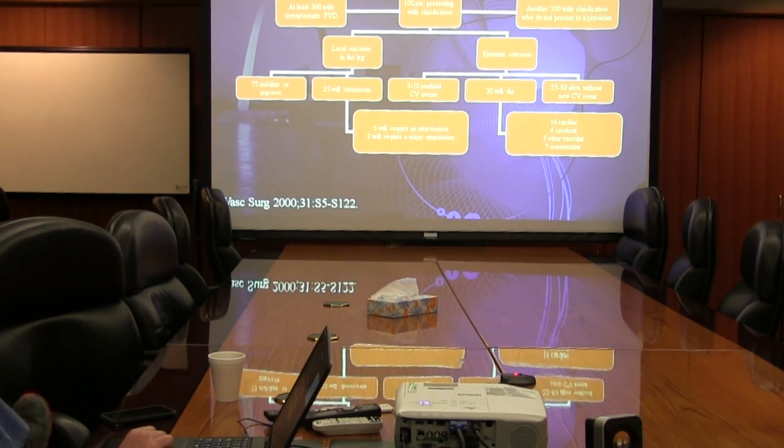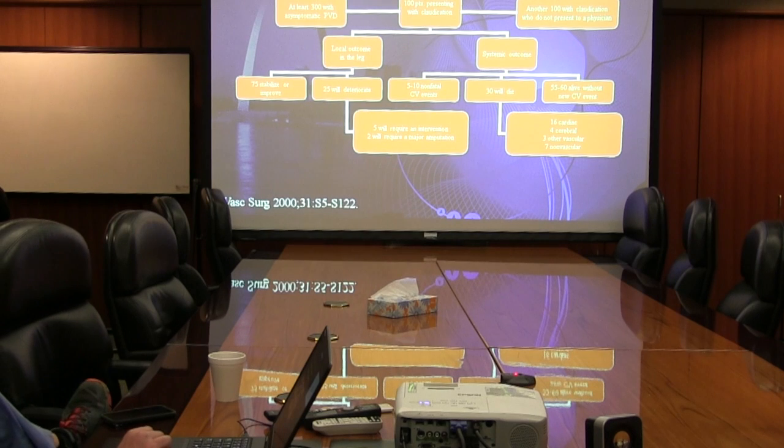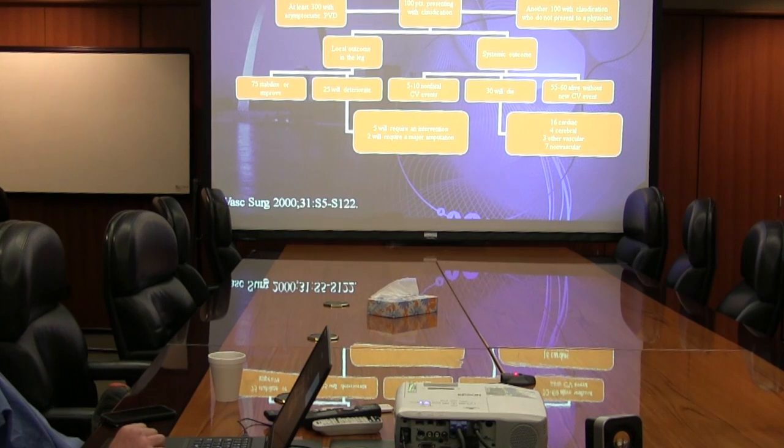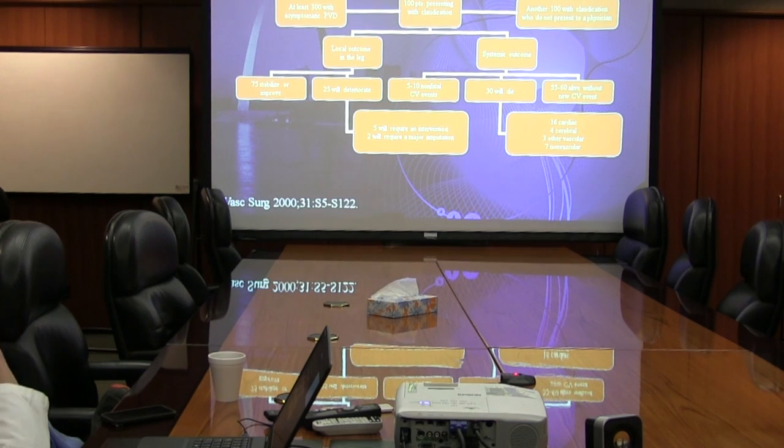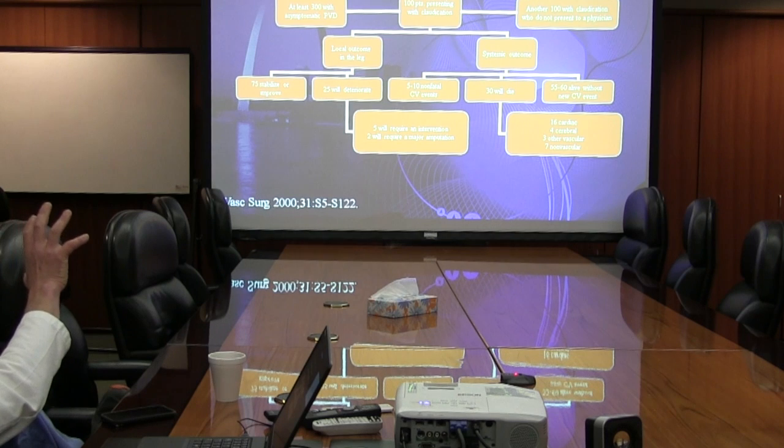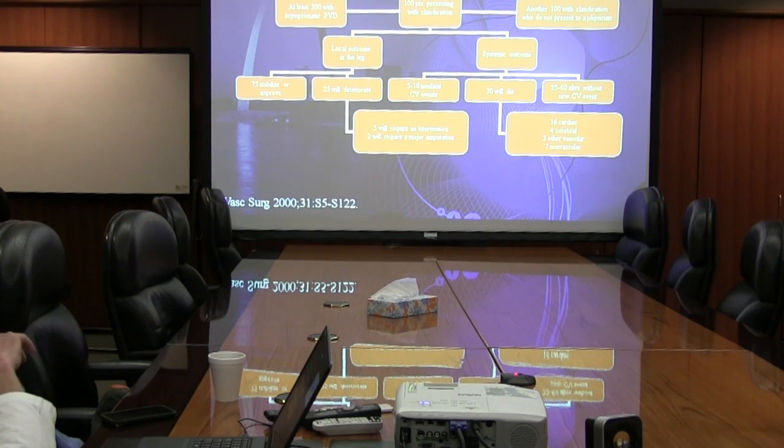If we look at patients who have symptomatic lower extremity PVD, so claudication, let's start with 500 patients. You can see that of 500 patients with peripheral arterial disease, 300 of them are not going to have symptoms.